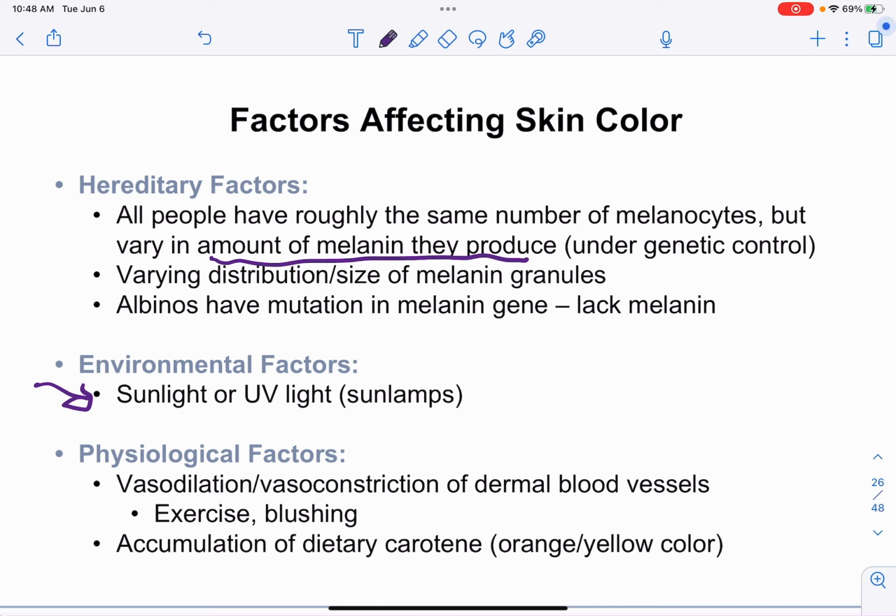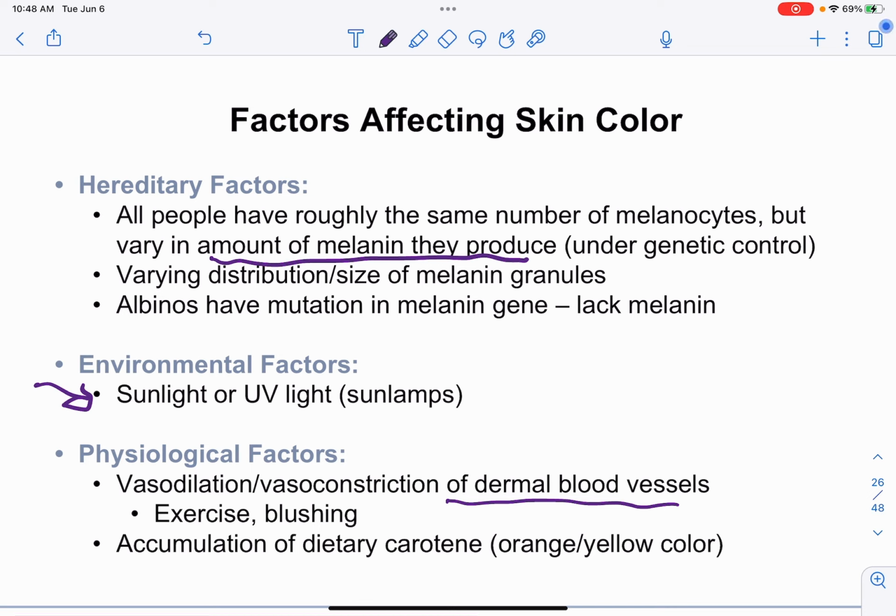So this can change from moment to moment. So we have something called vasodilation and vasoconstriction of the blood vessels that are close to our skin. And this can happen when we're exercising. So the blood vessels will open up and cause our skin to turn pink.